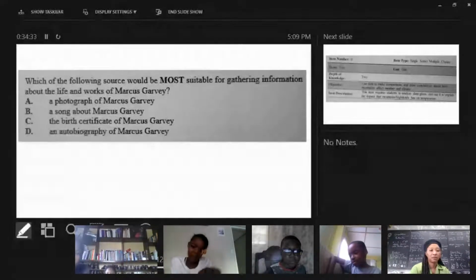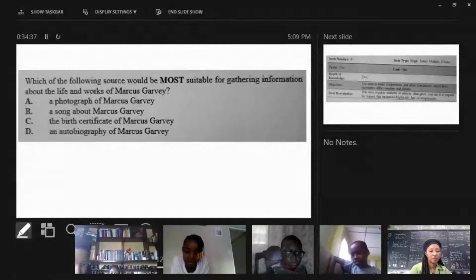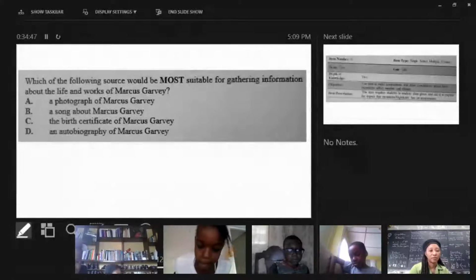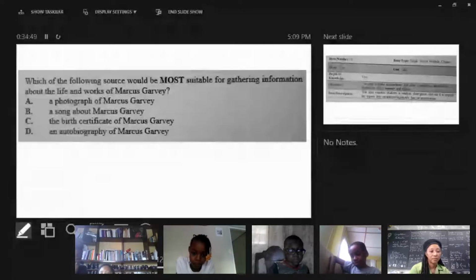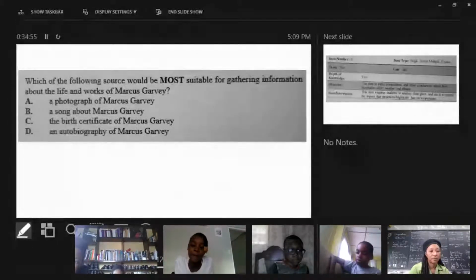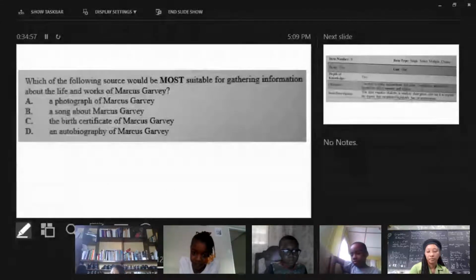Which of the following sources would be the most suitable for gathering information about the life and works of Marcus Garvey? A. A photograph of Marcus Garvey. B. A song about Marcus Garvey.